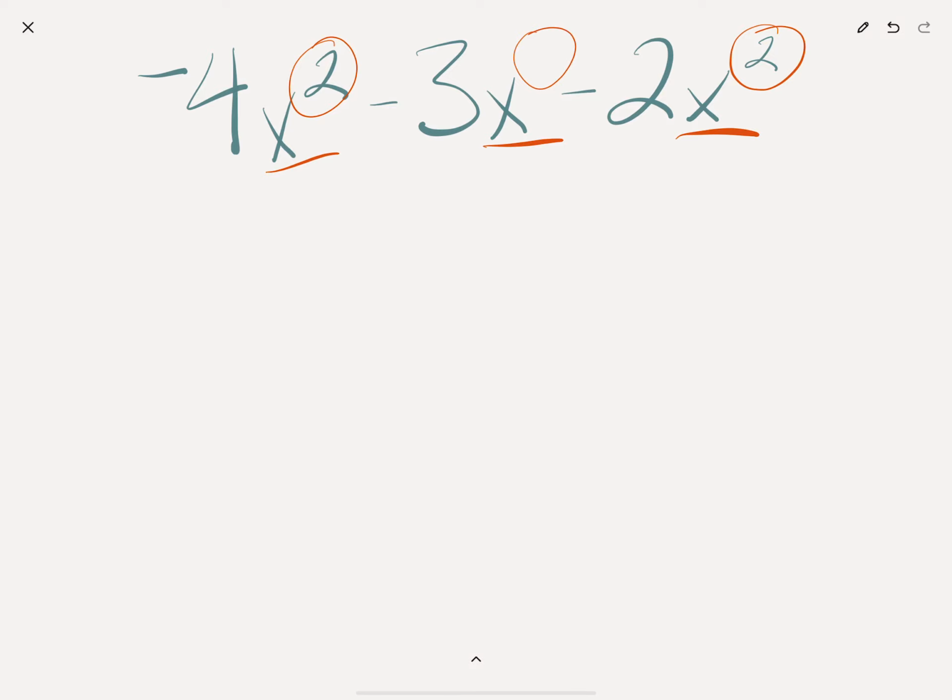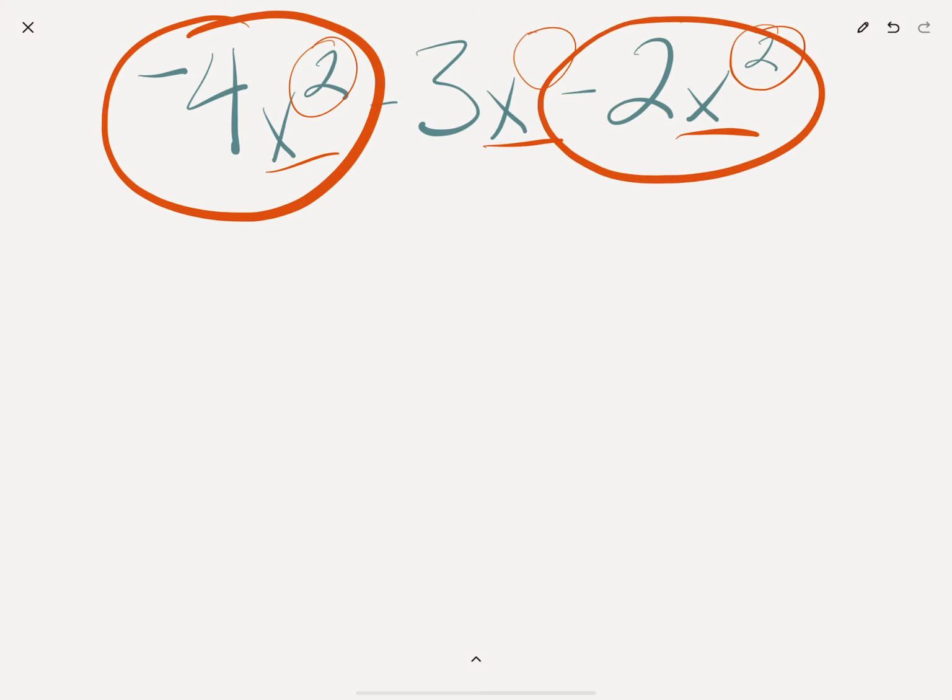Now, if you remember the definition of a like term, these terms must have the same variable, which they all do, but they also must have the same exponent. And the only two terms that have the same variable and the same exponent are negative 4x squared and negative 2x squared. They have the same x and the same 2 as an exponent.